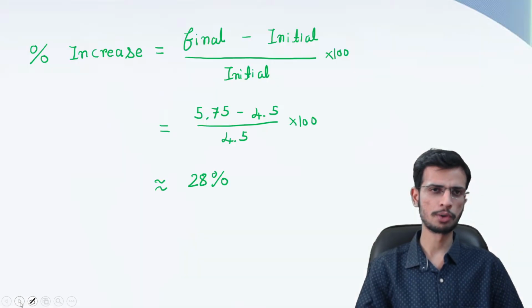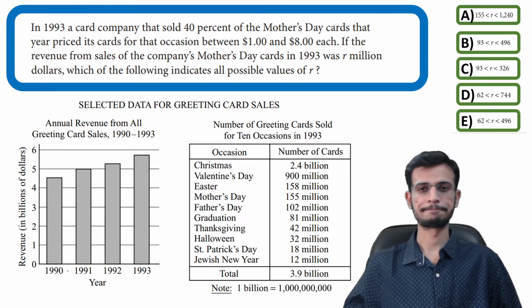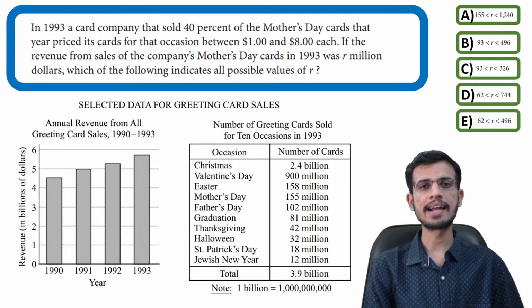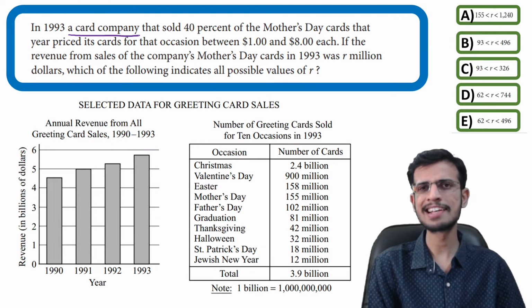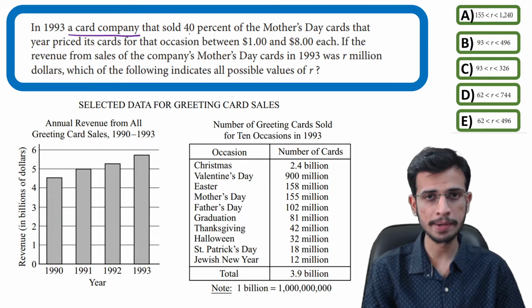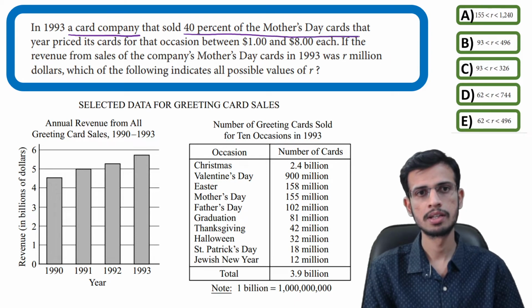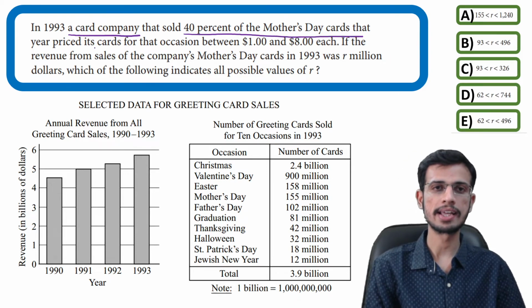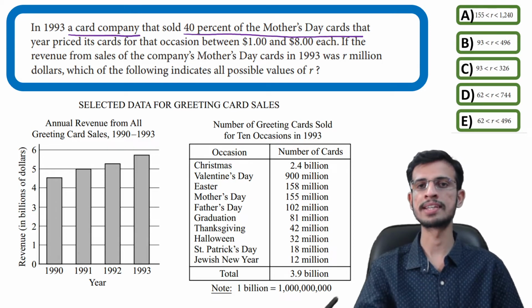There is one more question from the same data. Let us read the question very carefully. In 1993, a card company, there will be various companies, right? A card company that sold 40% of Mother's Day cards priced its cards for that occasion between $1 to $8 each.